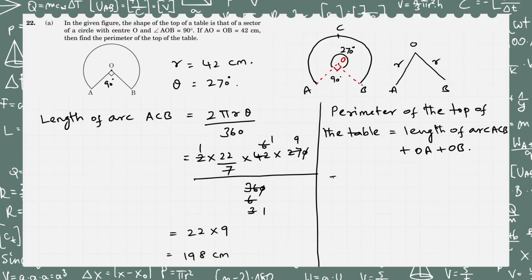Correct? So this will be equal to 198 plus OA and OB, both are 42 only. So we need to add all of these. So the answer for this is 282 centimeters. Right? So that is the perimeter of the top of the table. So you have to write the conclusion here.